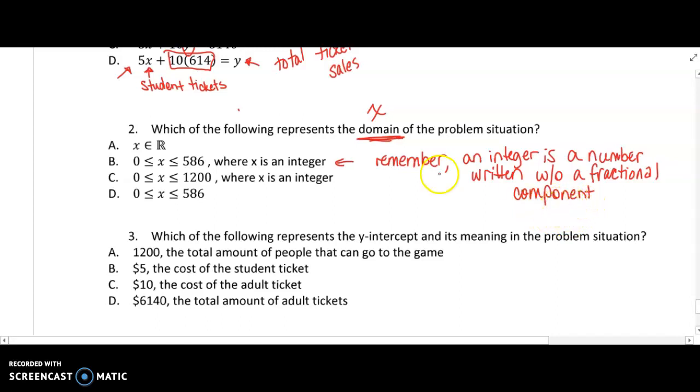Okay? All right, so your answer is going to be B because it goes from 0 to 586. Okay, that's the domain. That's how many tickets they had. From 0 to 586, where X is an integer.